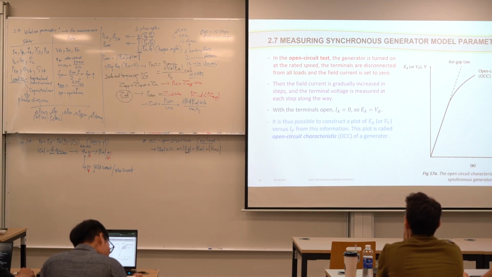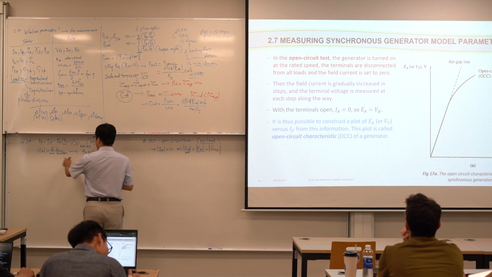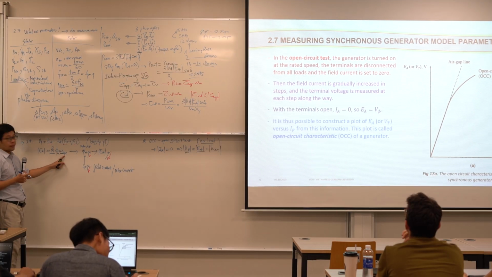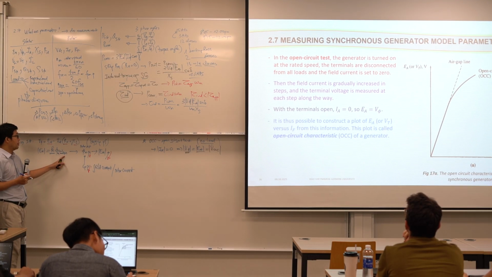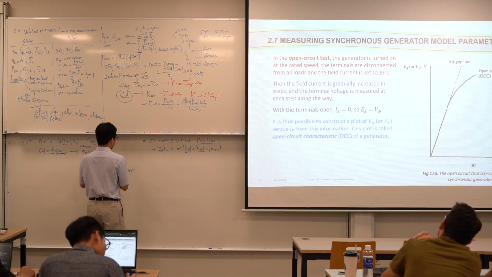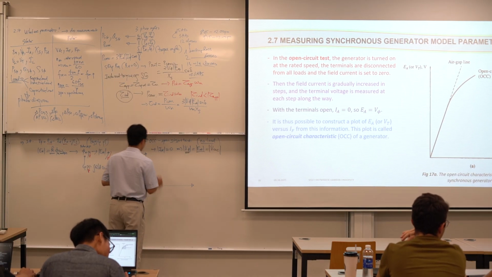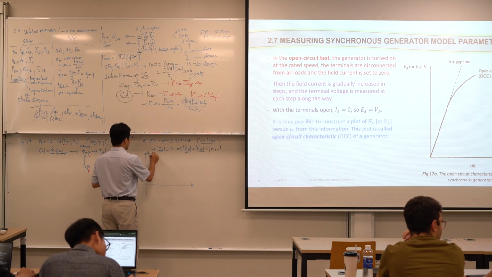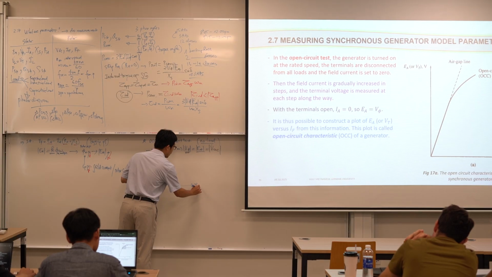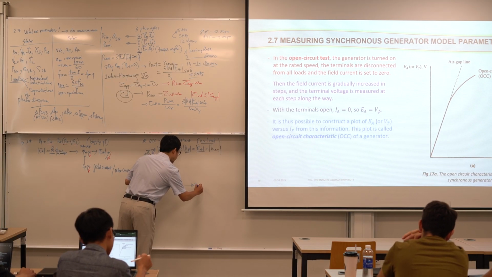Okay, so now continue. Look, now EA, right? And we know EA is calculated by K phi m omega c. So remember that. So now we have the magnetization curve. It's B, it's phi, it's H, it's E, magnetic force.